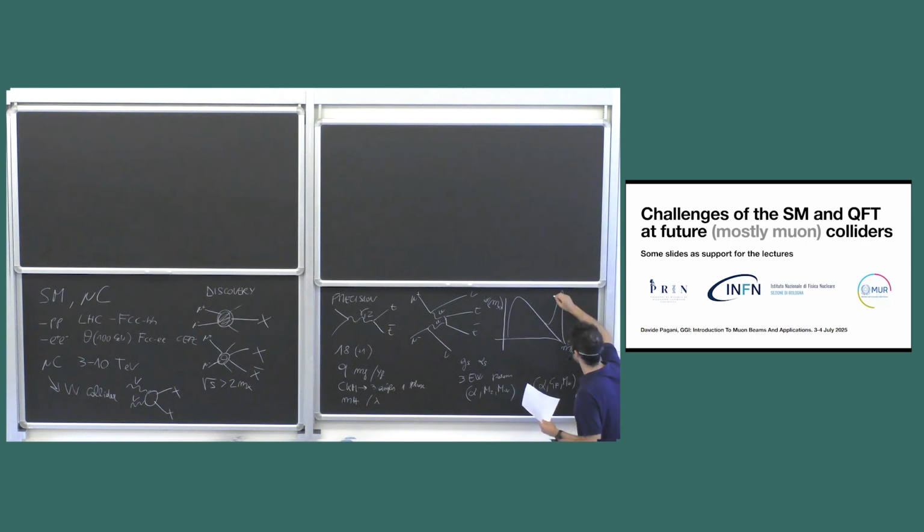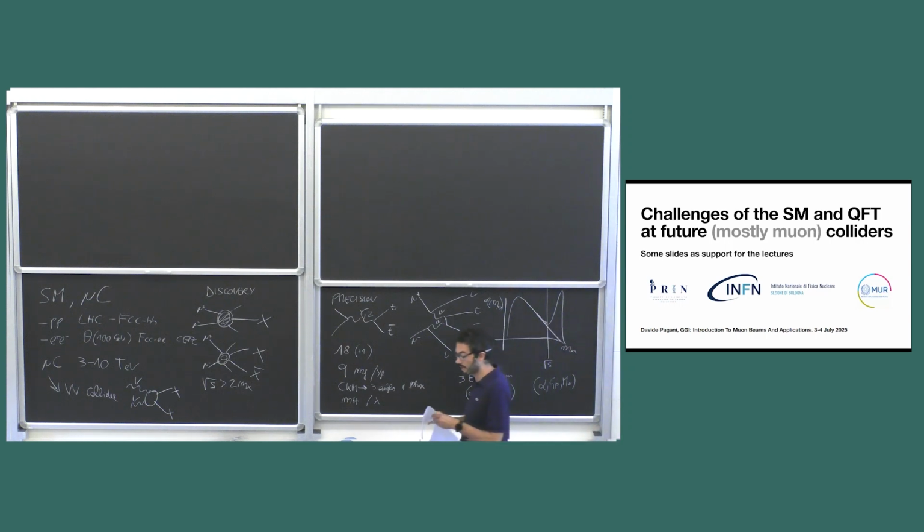But it could be that your collider energy is limited to this one, this is the square root of s of your collider. So you cannot see this peak, obviously, because it's beyond the energy of your collider. The best you can do is measure the discrepancy between the standard model prediction and the prediction from the BSM. So how do you do that? Well, to do that, you need to have under control, obviously, the measurements at the desired precision.